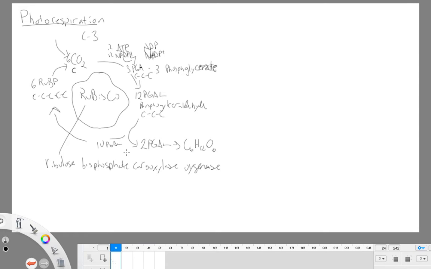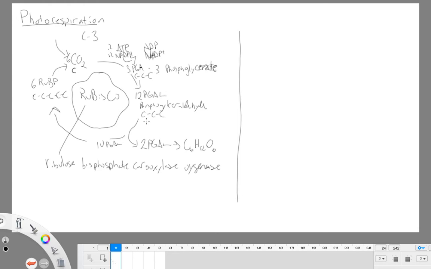And essentially what happens in photorespiration, and I'm going to do it over here, is that this Rubisco can not only fix carbon dioxide, and by fixing, remember, it means we're taking it from being a gas and making it into an organic compound, right, our glucose molecule. So it can not only fix carbon dioxide, but it can also fix oxygen. And when it does this, it's actually this inefficient process where we wind up losing carbons, right? And we don't produce any glucose.